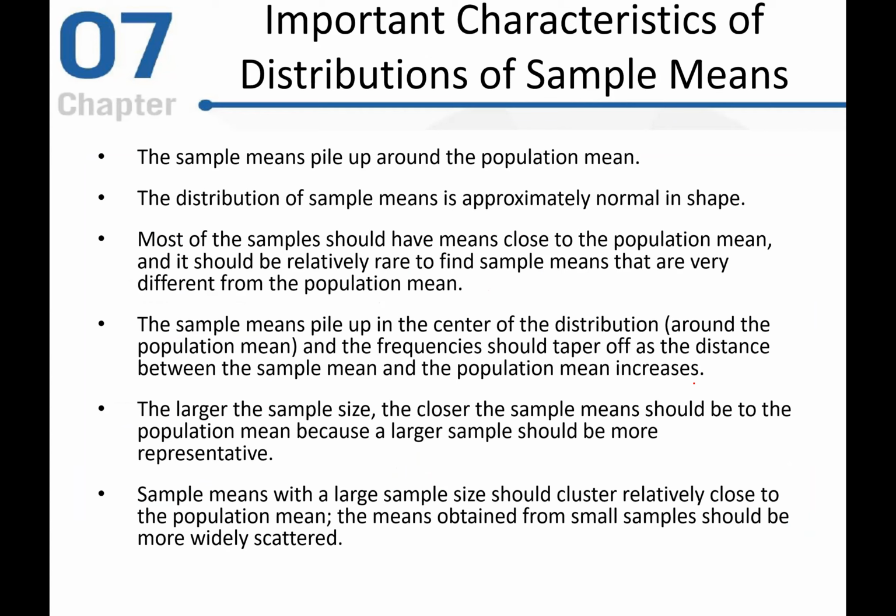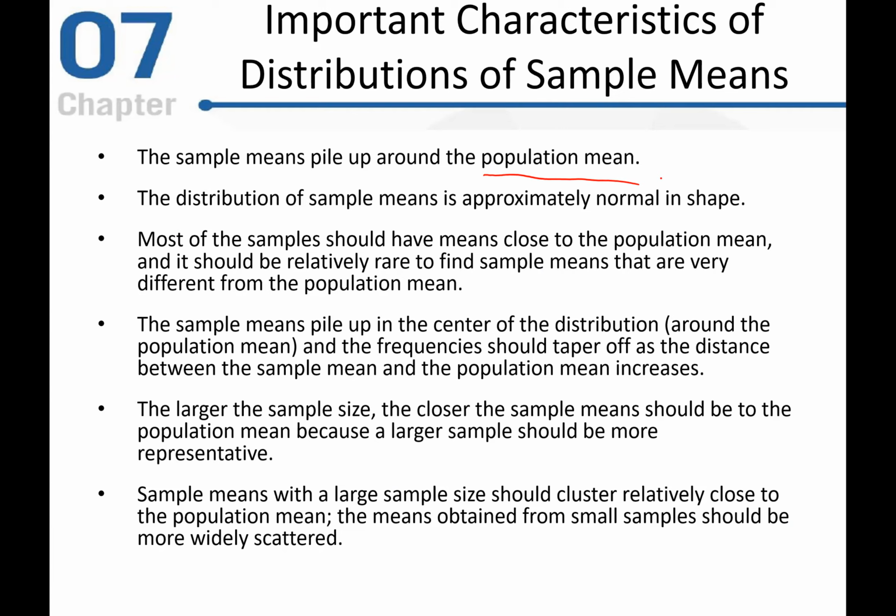So some important characteristics of distributions of sample means. The sample means are going to pile up around the population mean. The distribution of the sample means is going to be approximately normal in shape, and if it's normal in shape, then we are able to use our unit normal table, made up of the z-scores and the proportions that we talked about last week.